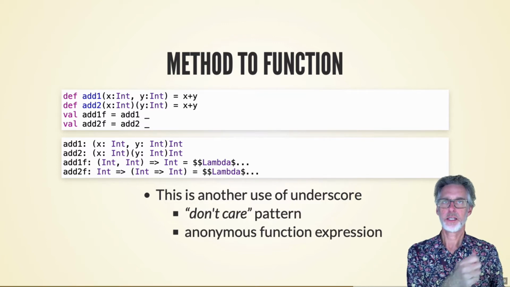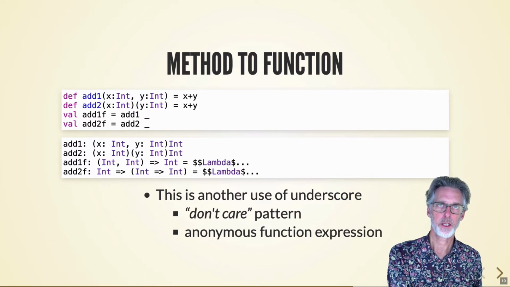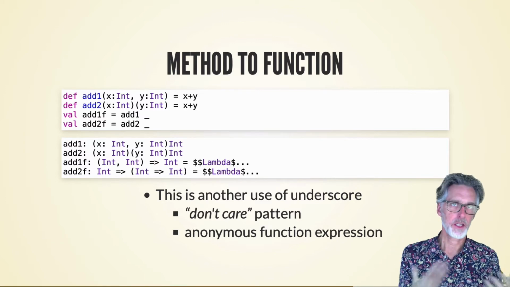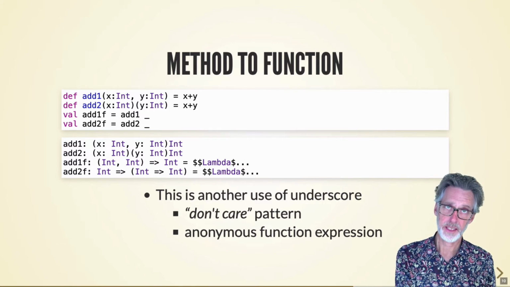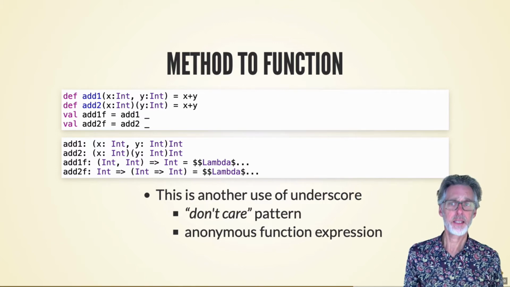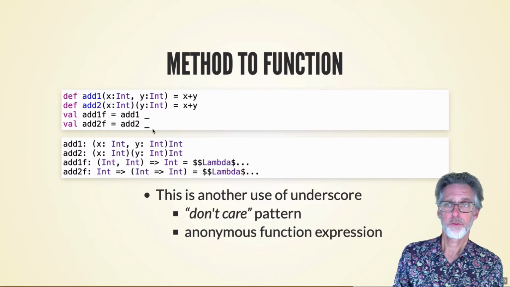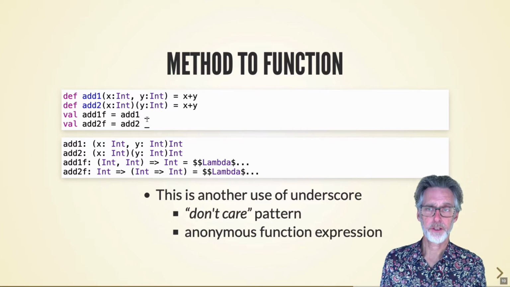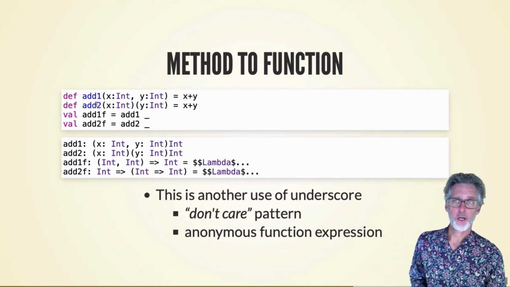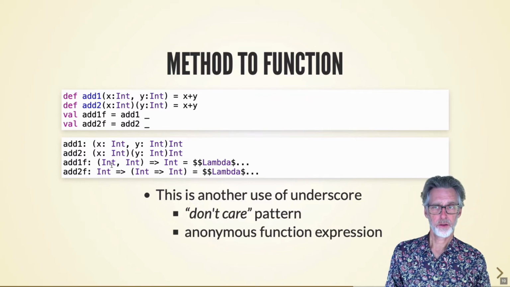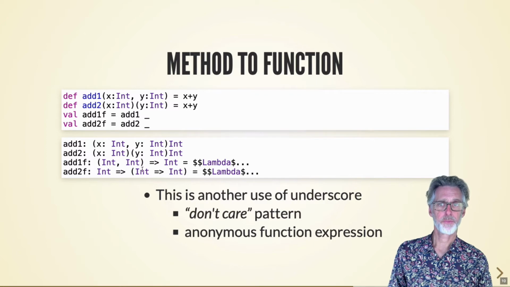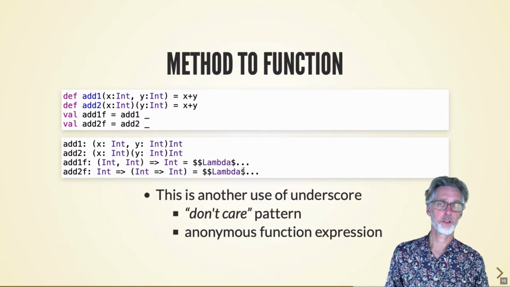We've also seen that in expressions, I can create anonymous functions very easily using underscore and use that instead of a lambda expression. This is yet another use which will convert a method into a function. So you can see here add1 and add2 are methods, and when I convert them to functions, they convert as you would expect.